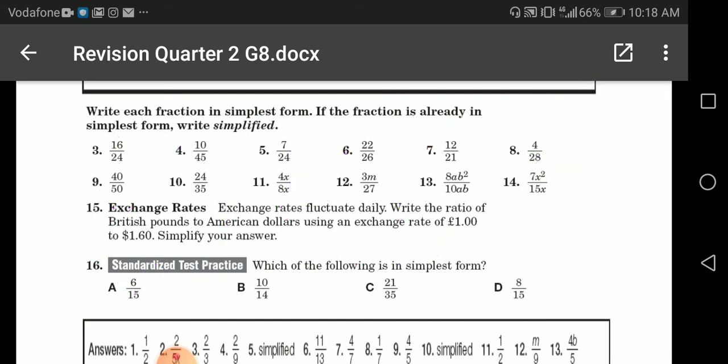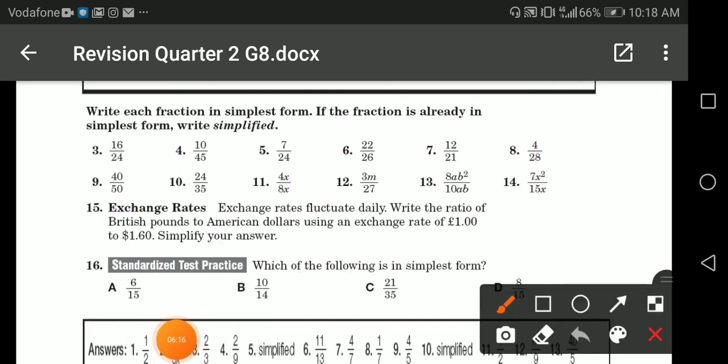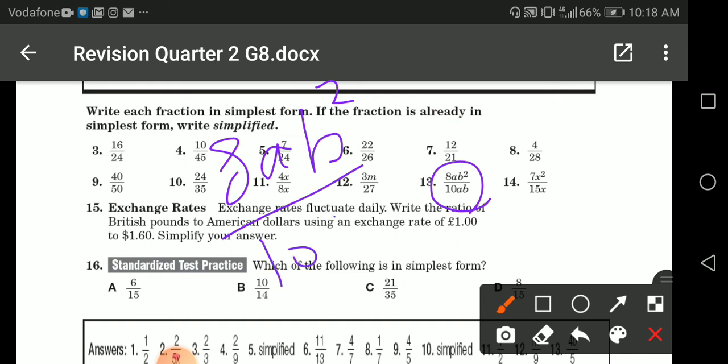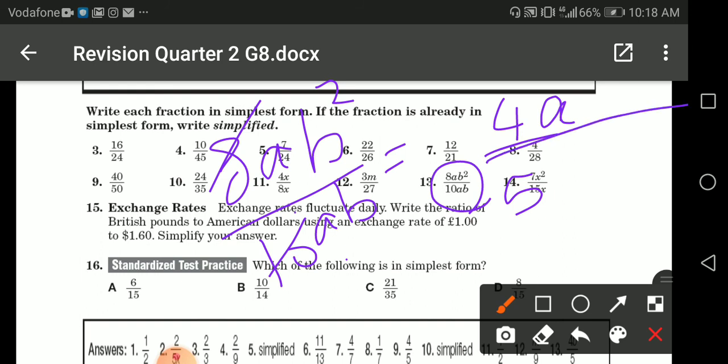What about if I have here variables like this? 8ab^2 and we have here 10ab. So we have two things we can do. 8 and 10 divided by 2 gives you 4 over 5. A and A, you can do this, it will be easier for you.